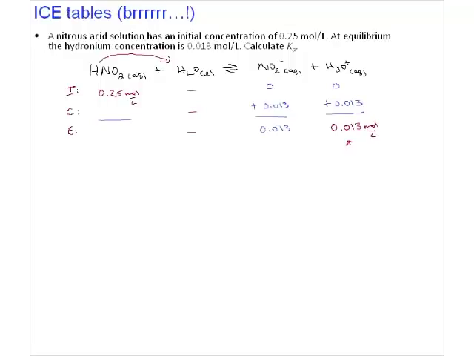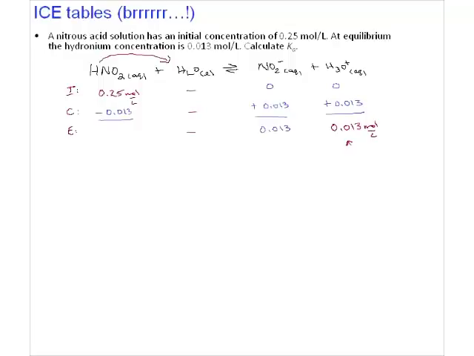It's 0.013. And likewise, this reaction is going to go this way a little tiny bit. So if I'm going to get one of these and one of these, that means one of these has to break down. So likewise, if I'm going to produce 0.013 here, that means I have to use up that amount right here. So the nitrous acid is going to go down by 0.013.